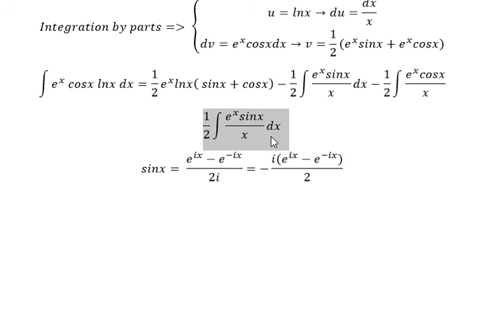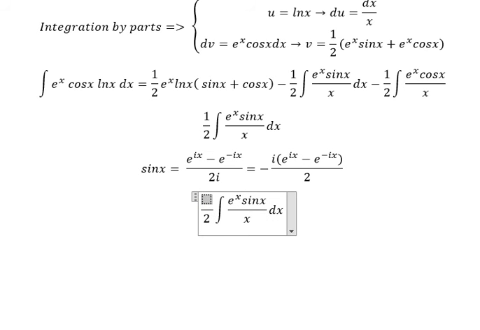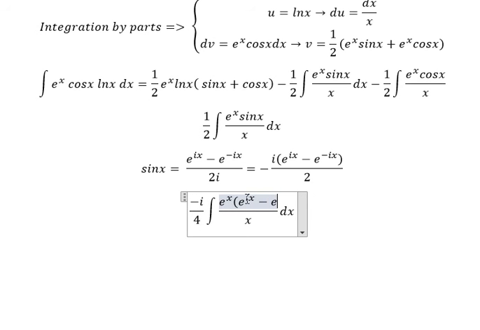So we put this one back for the sine s in here. So we have negative i over 4, and this one we get e to the power of is minus e to the power of negative is.